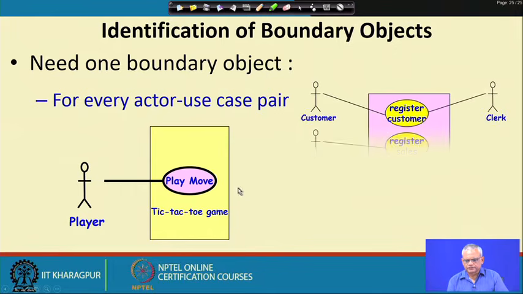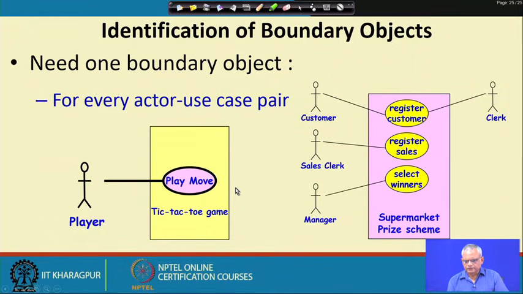On the other hand, for the supermarket price scheme, we have three use cases, and we have four actors, and therefore, there are four actor use case pairs.